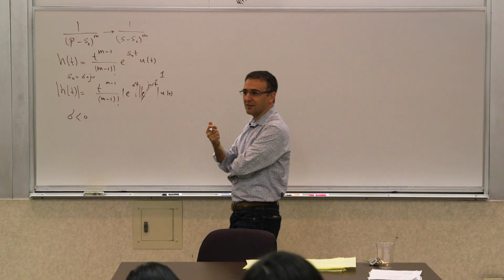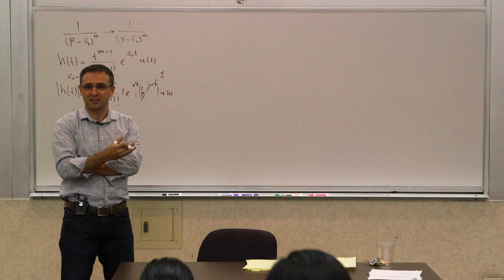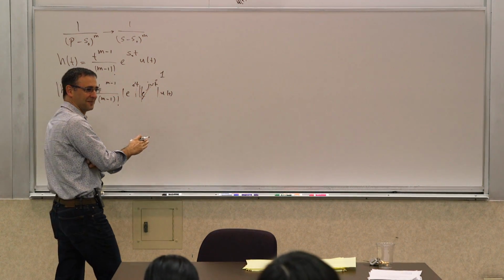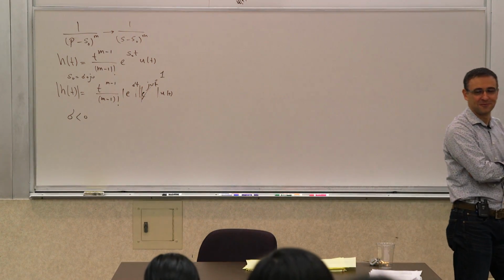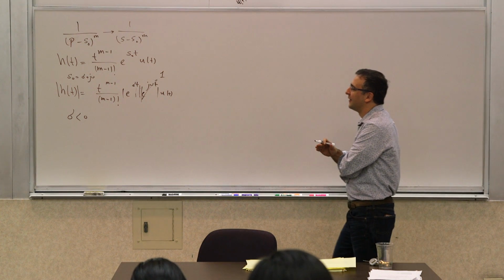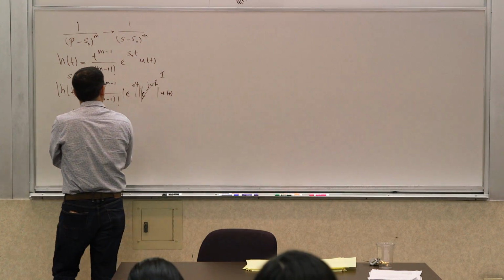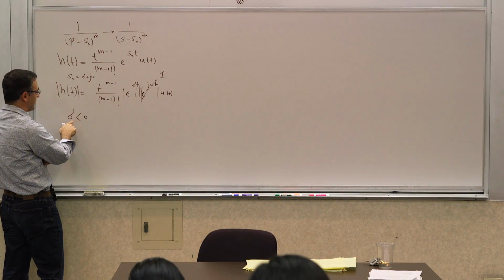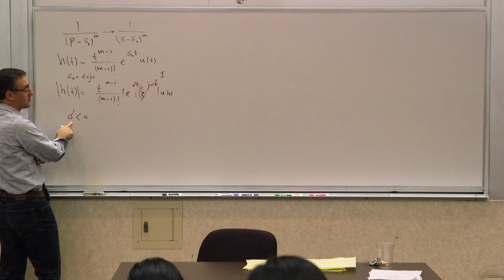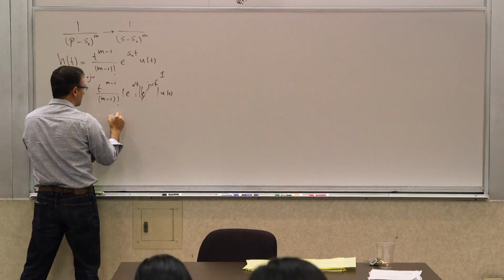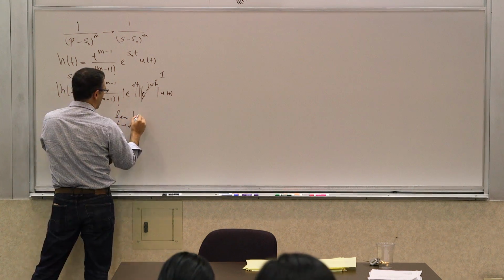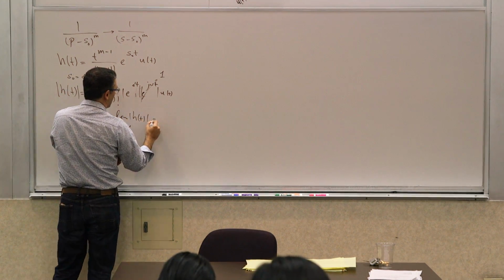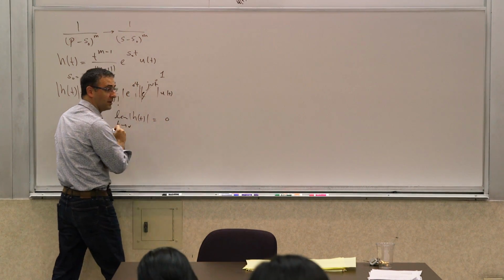It's kind of like gravity, right? You can make an airplane, but gravity eventually wins. You come down, finally. So exponential wins, and since the exponential has a negative coefficient, it's the one that goes to 0. So the limit of t going to infinity of h of t is going to be still 0.